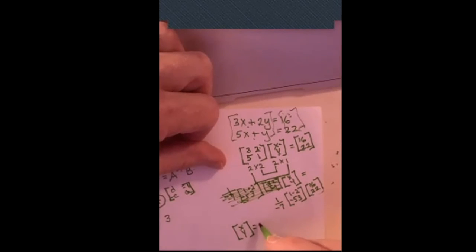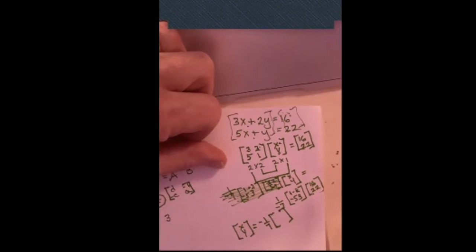Okay, so I'm going to leave this in here. And I should wind up with a 2 by 1 matrix. 1 times 16 plus -2 times 22. So it's 16 minus 44, and that's negative 28.